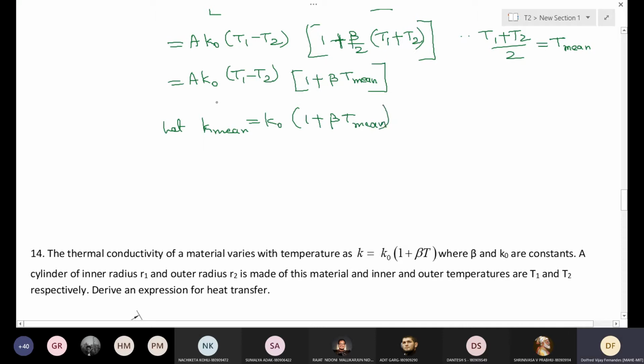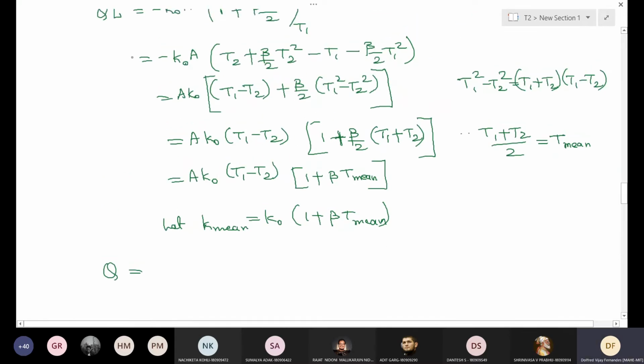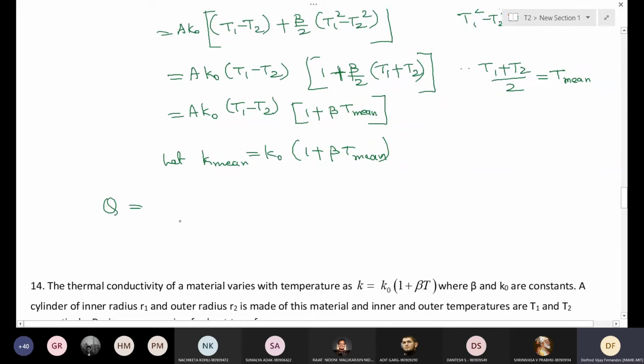Now you can see that if I substitute for K mean, then I will have Q into L, so Q equal to A K mean into T1 minus T2 divided by L.